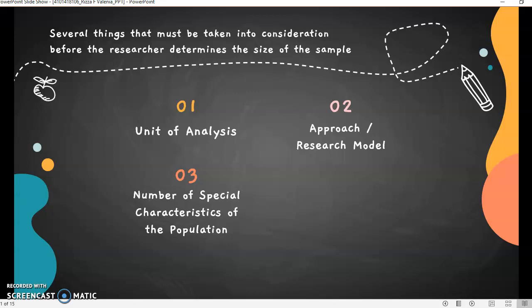If it is more heterogeneous, of course, the more subjects will be used as sample in order to meet the representative criteria. And the last, researcher's limitation. To determine how many samples shall be taken, the researcher should also pay attention to the limitation.